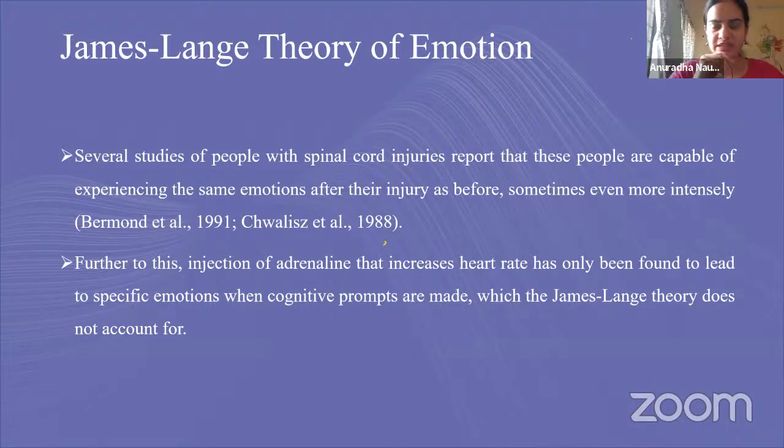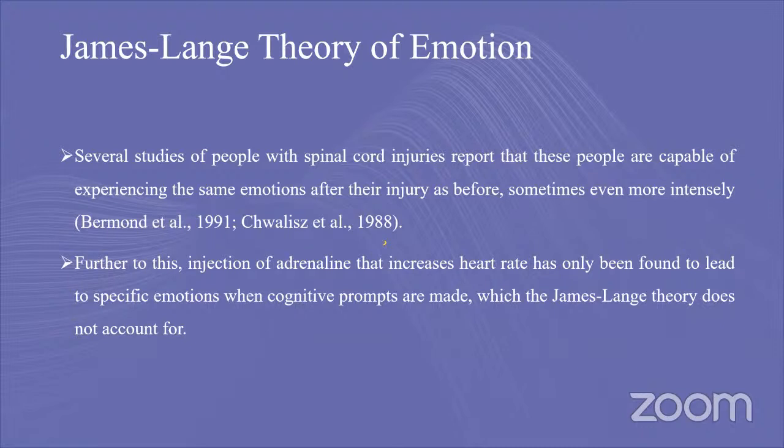What James and Lange said is that the physiological responses, that is, our sympathetic nervous system, will experience something and then we will experience the emotion. So facial feedback only talks about the expression of emotion on our face. James Lange talked about the sympathetic nervous system being a part of experiencing the emotion.